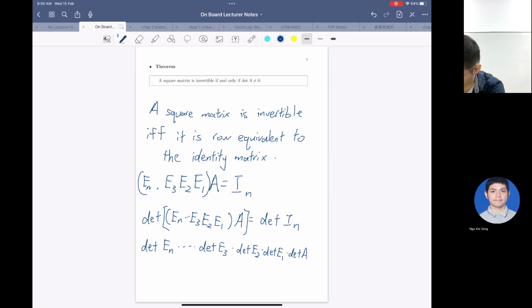Determinant of A equals to, what's the determinant of the identity? 1, because the identity is a triangular matrix, so you just take the product. So 1 times 1 all the way. So in this case, can you deduce what's the determinant of A?